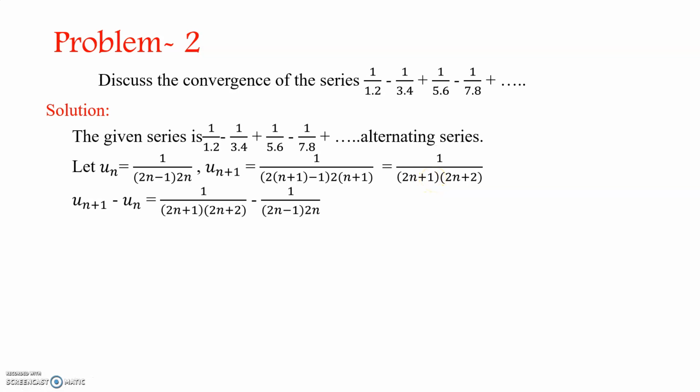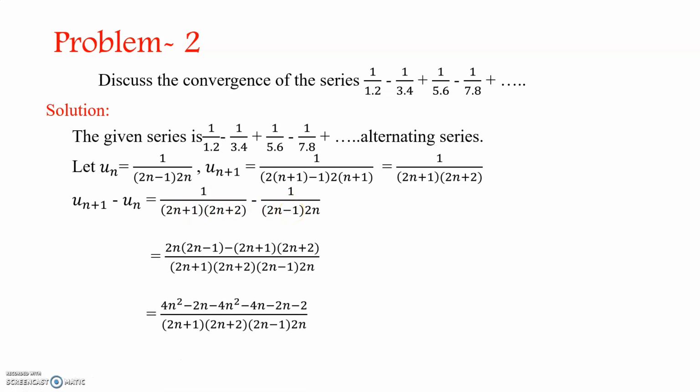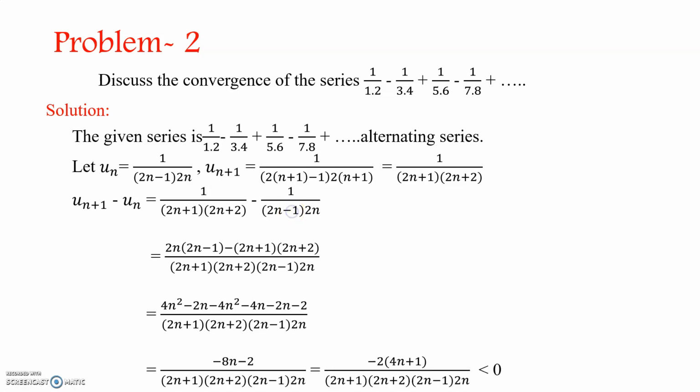So now we have to check un plus 1 minus un, which is equal to 1 by 2n plus 1 into 2n plus 2 minus 1 by 2n minus 1 into 2n. Now taking the LCM, we get the final result minus 2 into 4n plus 1 by 2n plus 1 into 2n plus 2 into 2n minus 1 into 2n.